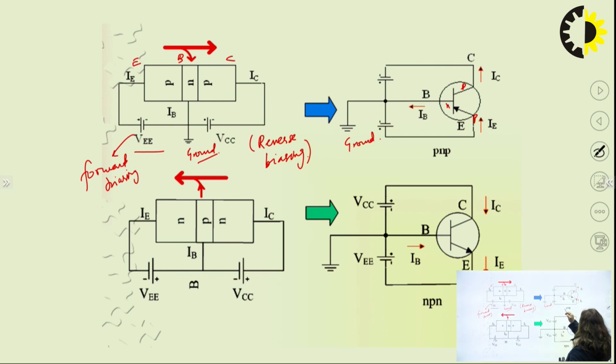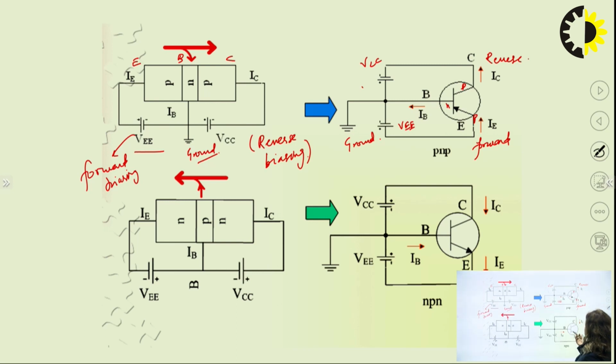We provide the positive VEE, whose positive terminal is connected to P side and negative terminal to N side. Similarly, for VCC, the negative terminal is connected to P side and the positive terminal is connected to N side. So this is your forward biased junction and this is your reverse biased junction.